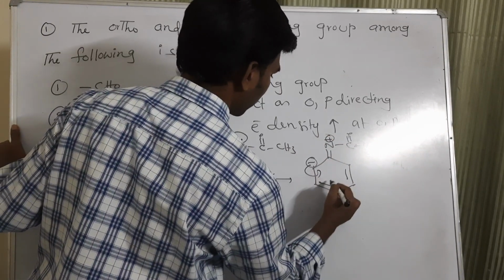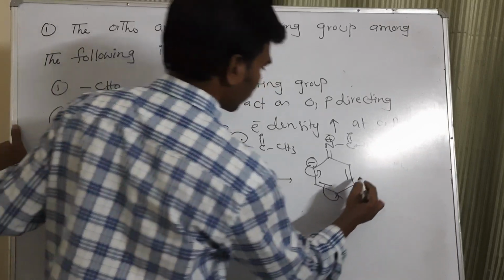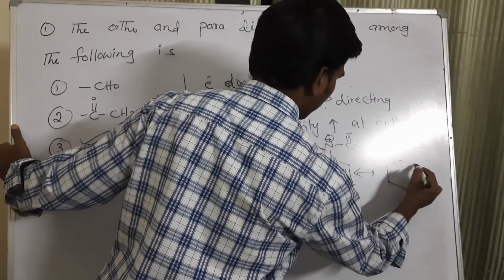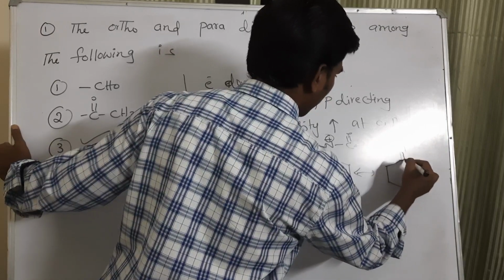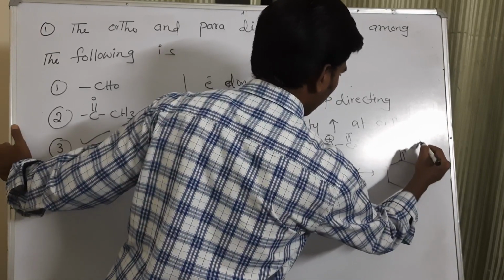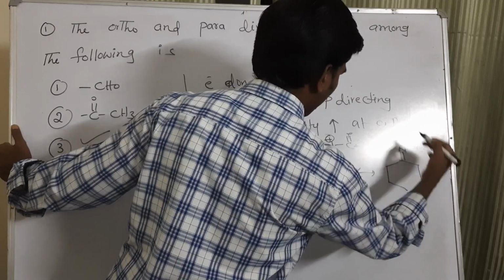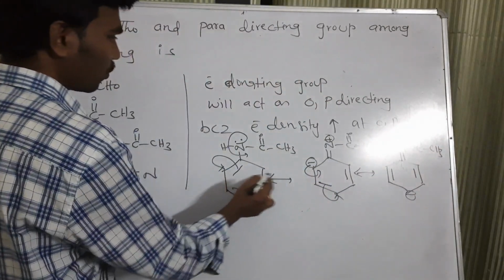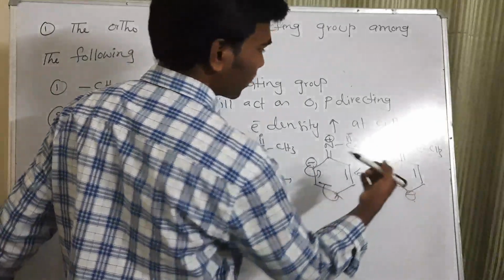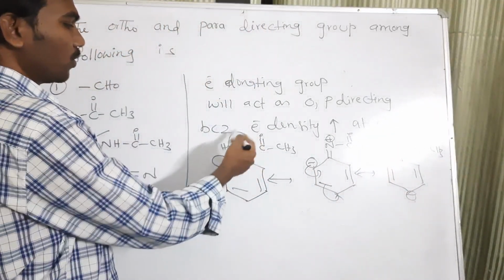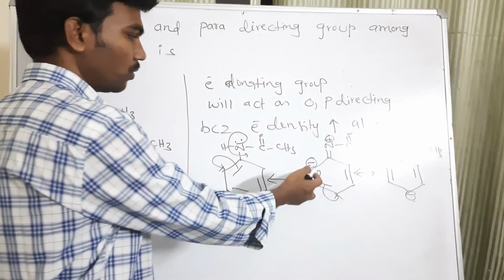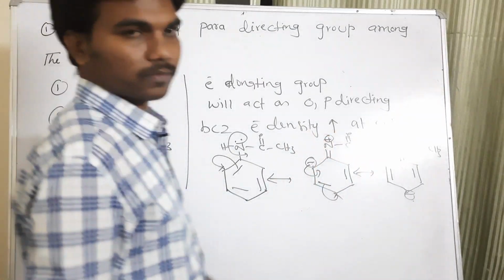If it shifts like this, then this bond will shift like this. So now at the ortho position and para position electron density will increase. So this group will direct the upcoming electrophile to the ortho position and para position.